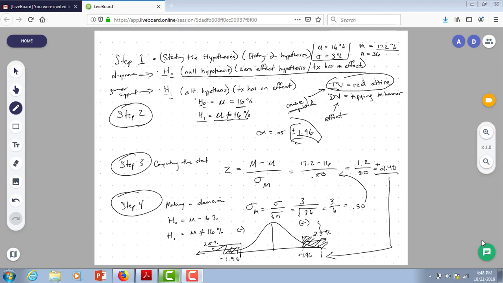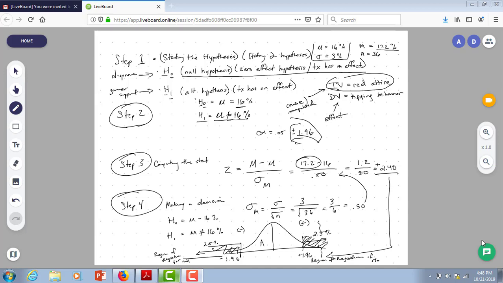Okay, which basically means that this 17.2 is a sample mean that is extremely unlikely if the null hypothesis is true. Now, in more layman terms, this is a region of rejection of the null, and likewise over here, region of rejection for the null.